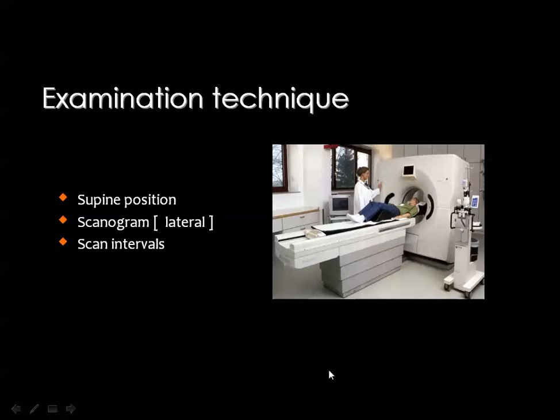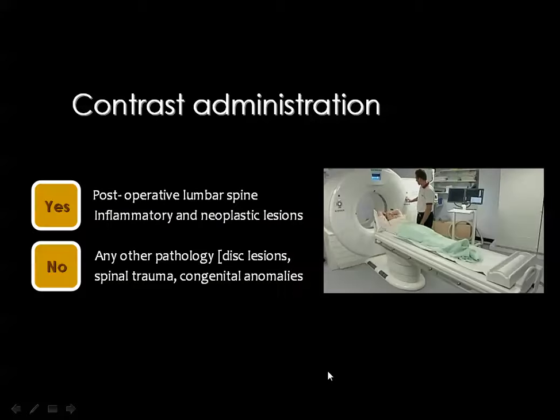And I have explained in the part of the normal anatomy how to perform the CT scan of the spine, and also I have mentioned the needs for contrast injection, and I said that the contrast injection in the CT and MRI is usually directed for whenever inflammation or neoplastic lesions are suspected, also in cases of postoperative lumbar spine.